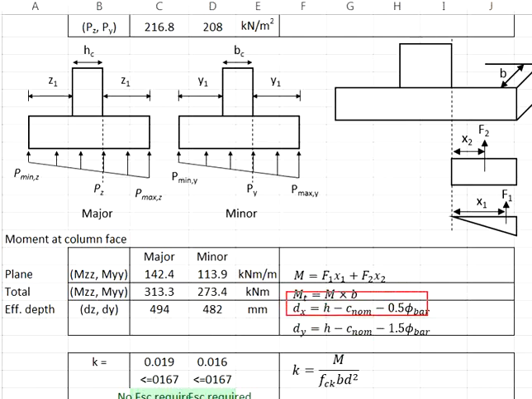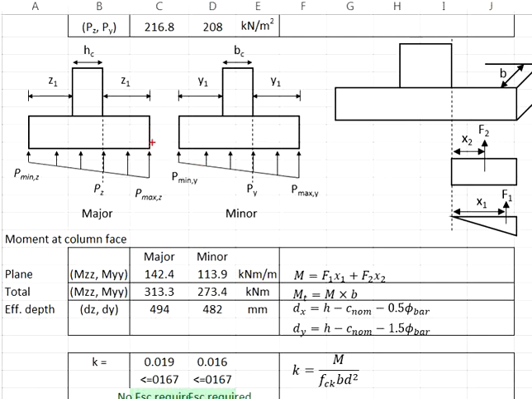This is the formula to determine the effective depth in the major axis: the thickness of the pad footing minus the concrete cover minus half the size of the rebar.